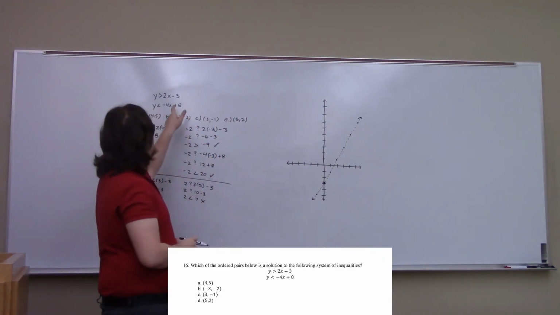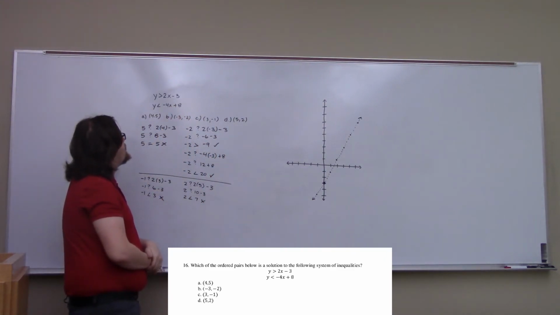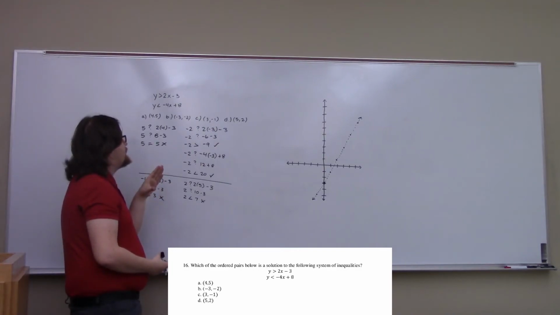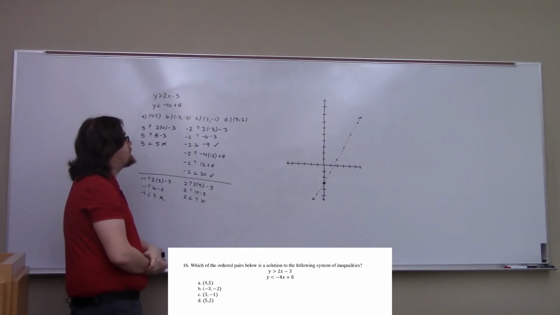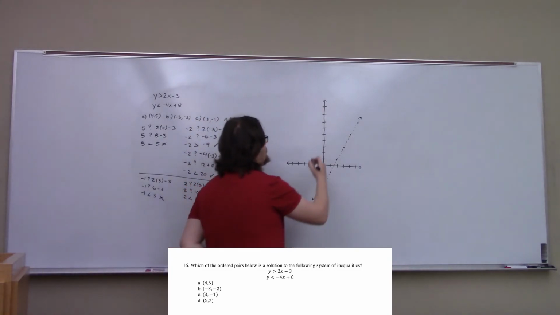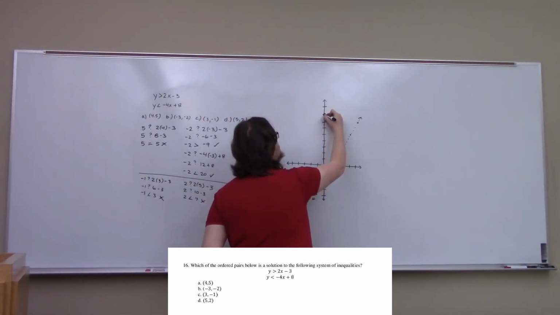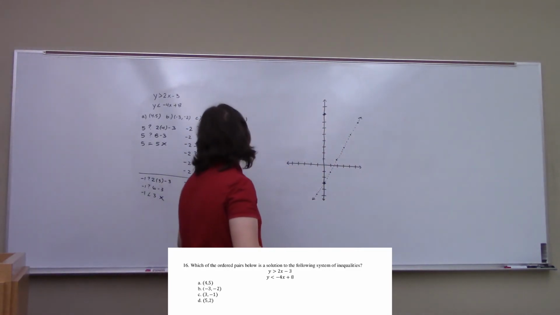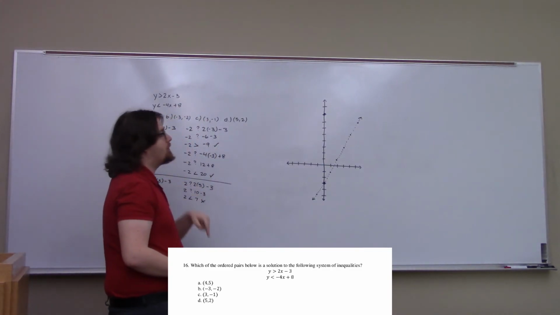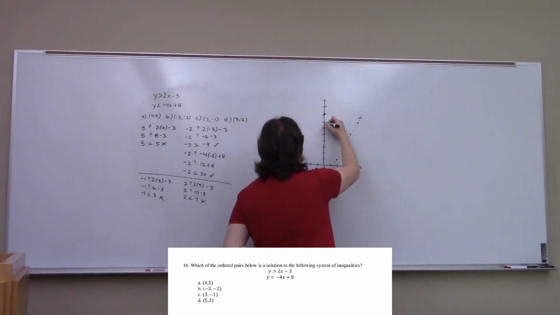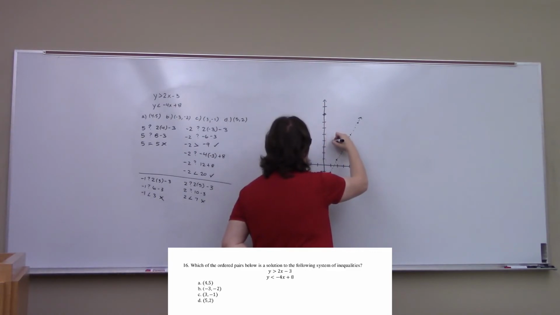Next, we want to look at our second equation. Y is less than negative 4x plus 8. So we go up here to 8, and we need to go down 4 over 1. So down 1, 2, 3, 4 over 1. Down 4 over 1.